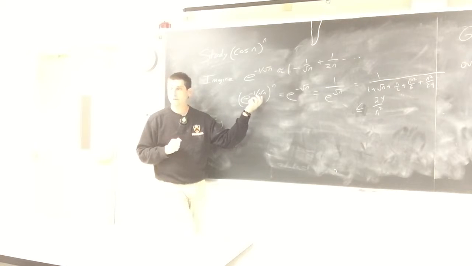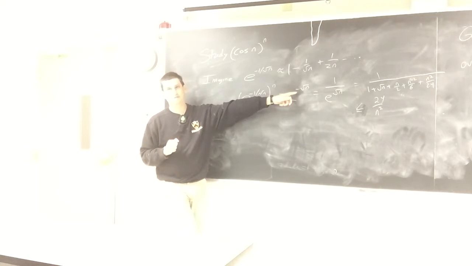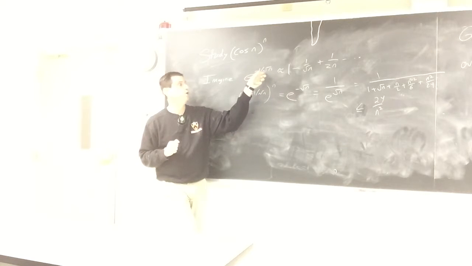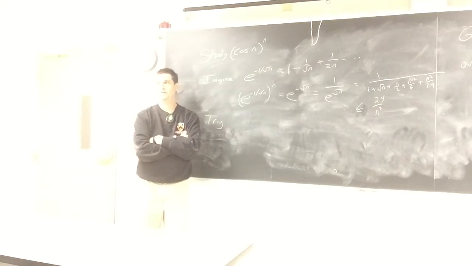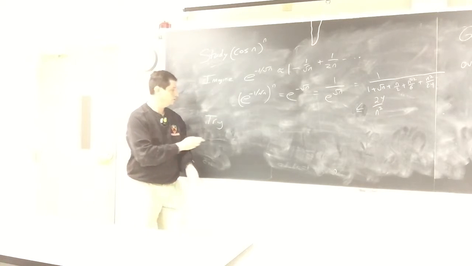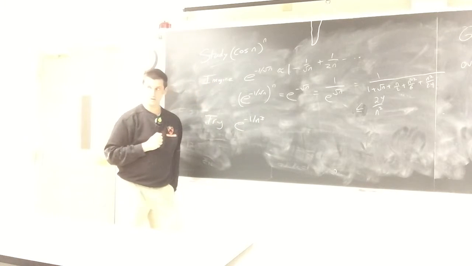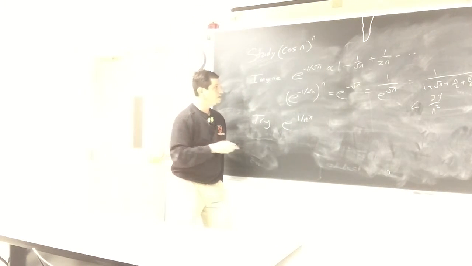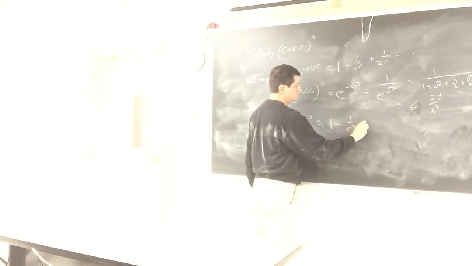So what went wrong here? When I raised this to the nth power, I got e to the negative square root of n. Before I had a 1 over square root of n. Now I have an e to the negative square root of n. So if I try e to the negative 1 over n cubed, this is going to be approximately 1 minus 1 over n cubed.